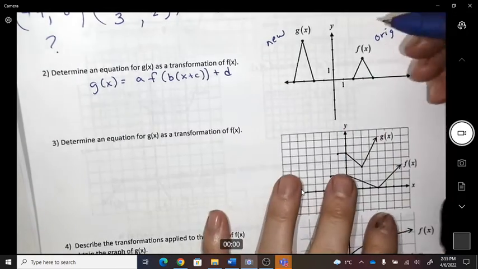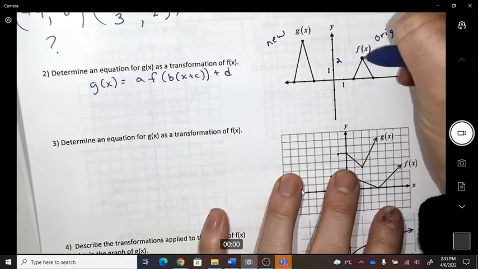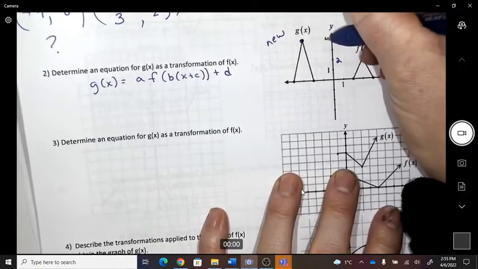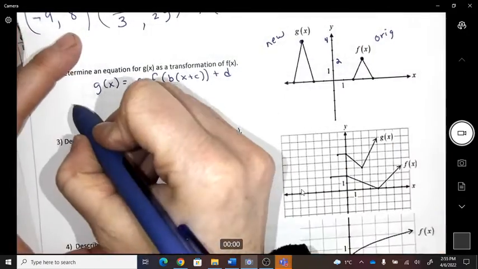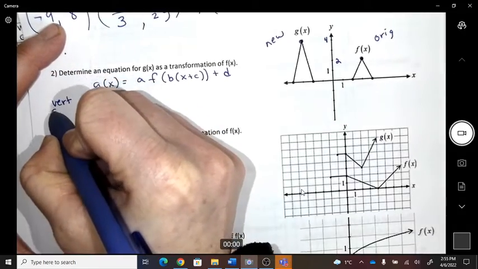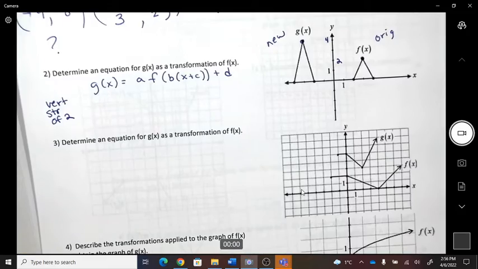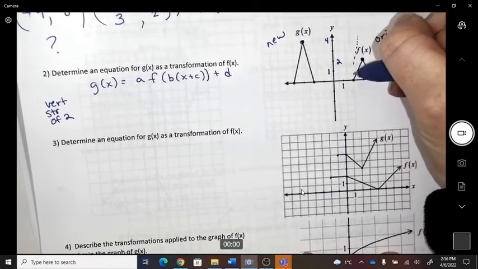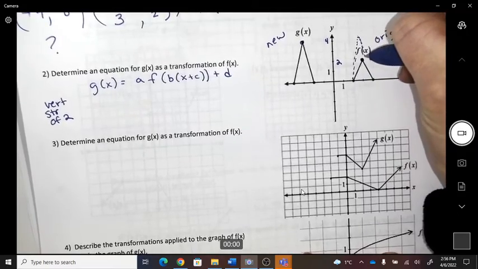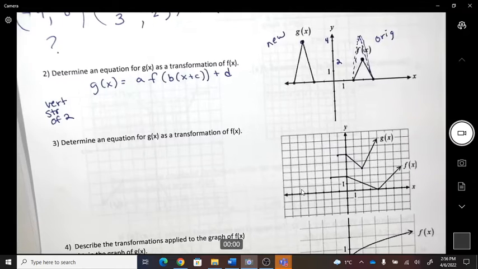Vertical stretch. Okay, so this had a height of 2, and this has a height of 4. So there was a vertical stretch of 2. So I'm going to kind of draw, if I was to stretch this object, I'm going to just kind of lightly draw my little idea of what that would look like if I stretched it.